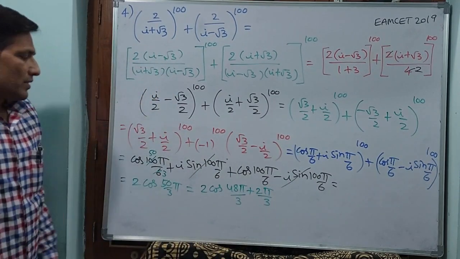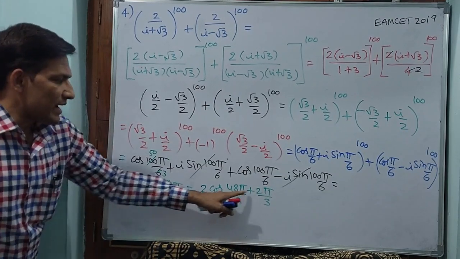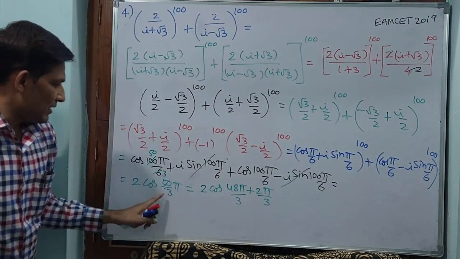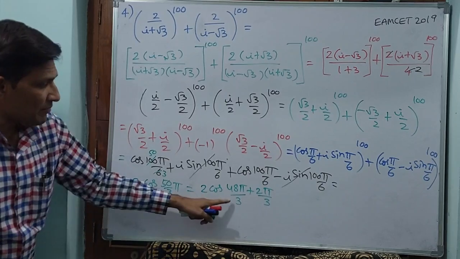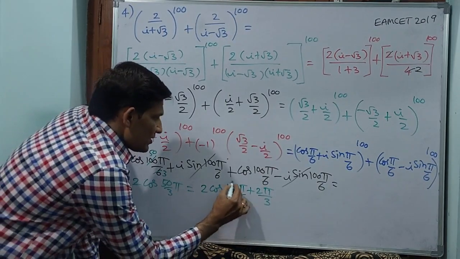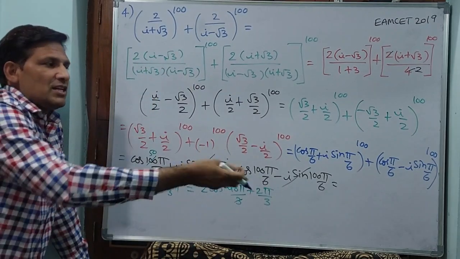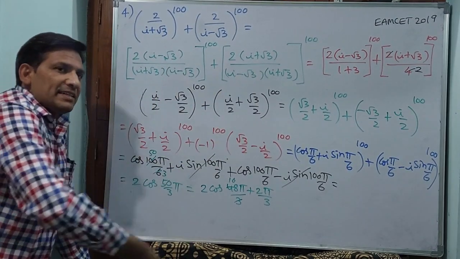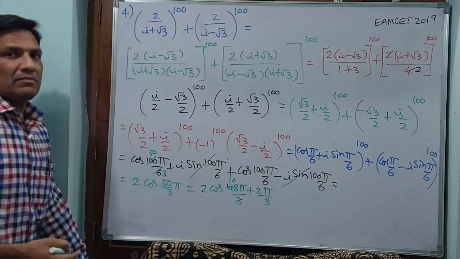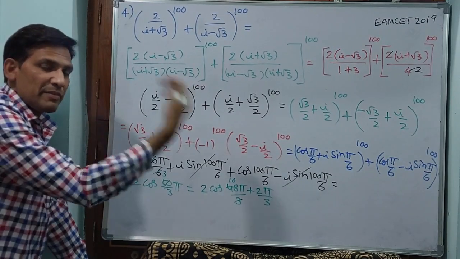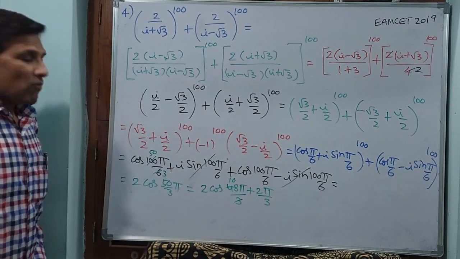Is it okay? 3 is the LCM, again 50 pi by 3 will come. Now why have I made it like this? You see, 3 sixteens will go: 16 pi. 2 pi, 4 pi, like that. 16 pi is even pi. Odd pi means this one, even pi means that one.